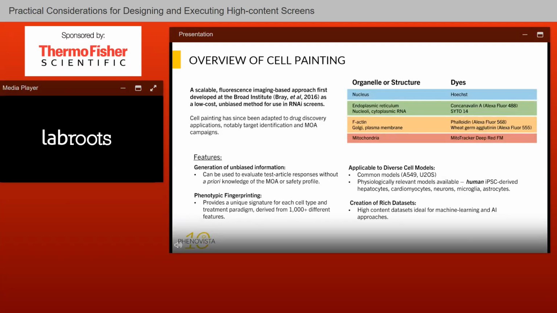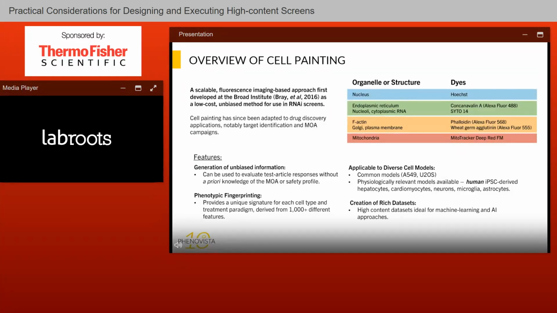So one of the major applications that people use this for is creating fingerprints so they can categorize the mechanism of action for known drugs and then match unknown entities to those known, well annotated examples.